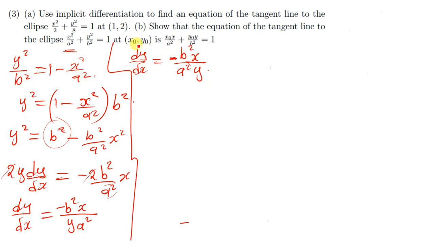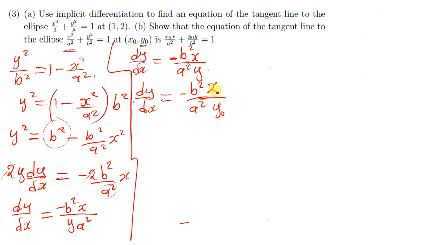So now to find the gradient, we replace back x naught and y naught in this equation. So we are going to have our dy/dx as negative b squared over a squared, then for this x we put x naught, and for this y we also put y naught.